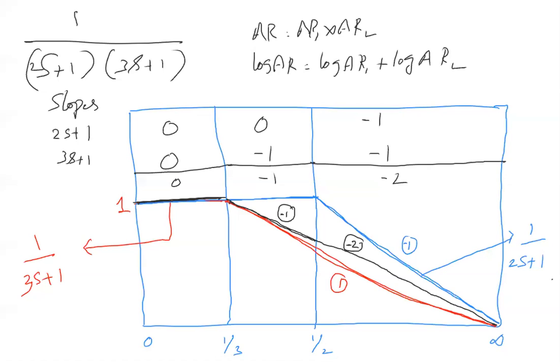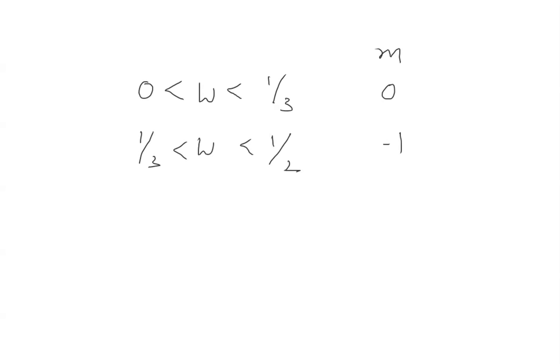So do you have any doubts here? Any doubts here? What is the important point here: when you write the summary, 0 less than omega less than 1 by 3, slope is 0. 1 by 3 less than omega less than 1 by 2, slope is minus 1.